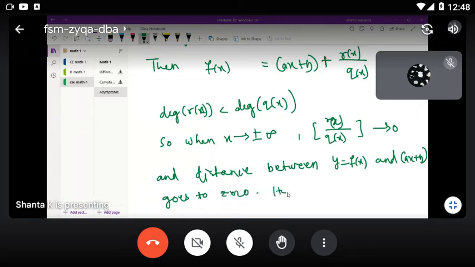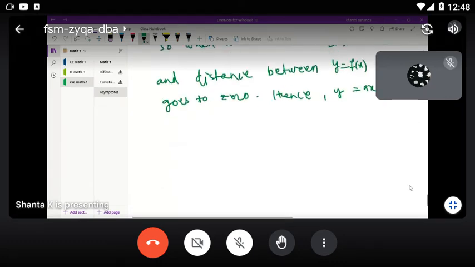So y equals to ax plus b is an oblique, or inclined, asymptote. So this is one way you can find the inclined asymptote.